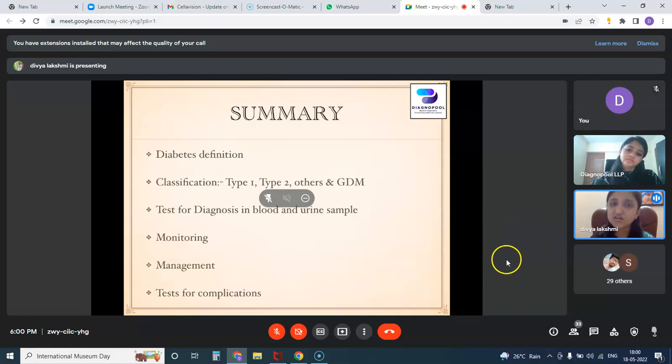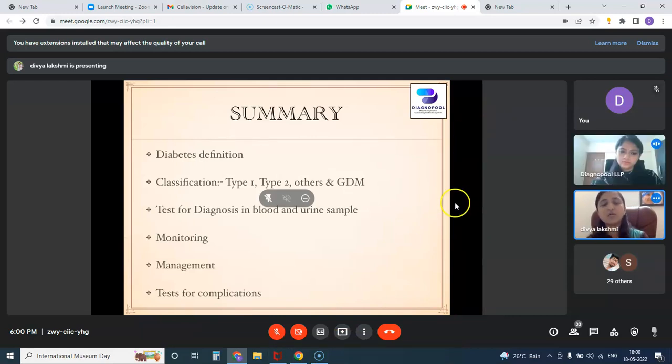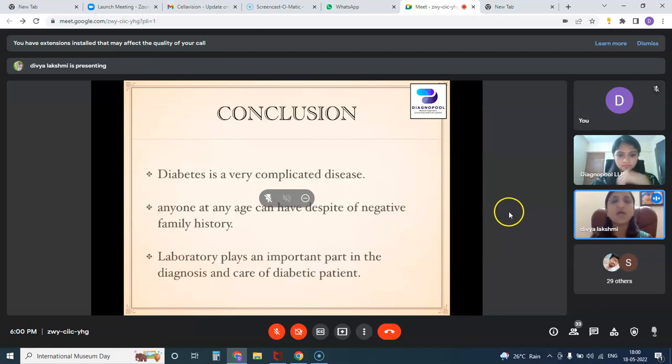And next, for monitoring of the diabetes, what are the tests used? Like HbA1c method and self-monitoring blood glucose, that is glucometer method. And what are the tests which are available to prevent complications, and if the complication has occurred, what are the tests used? So I conclude by saying diabetes is a very complicated disease. Anyone at any age can have it, despite a negative family history.